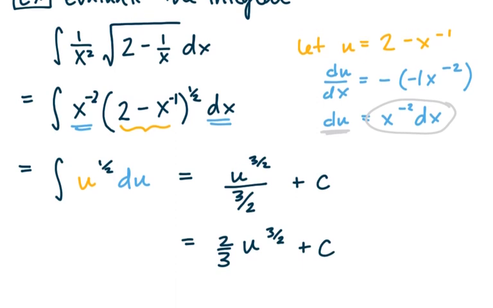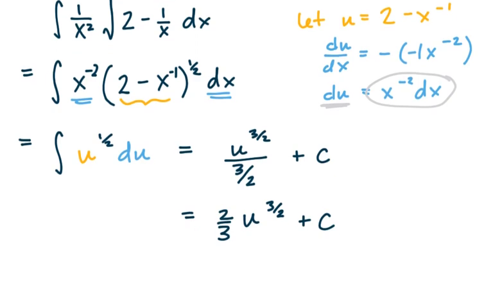We just need to plug our u value back in, and u is 2 minus x to the negative 1. So I have 2/3 times 2 minus x to the negative 1 to the 3/2 plus c. And if we want to, x to the negative 1, that's the same as 1 over x.